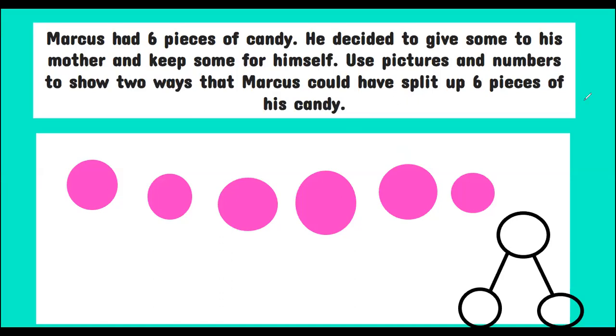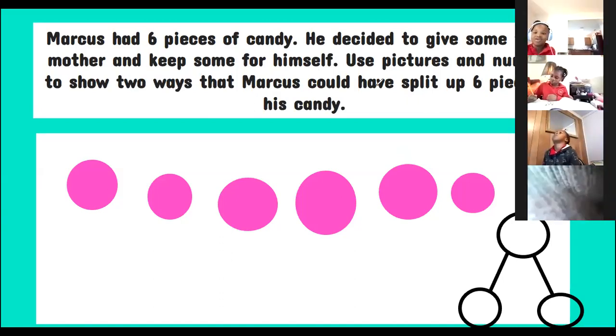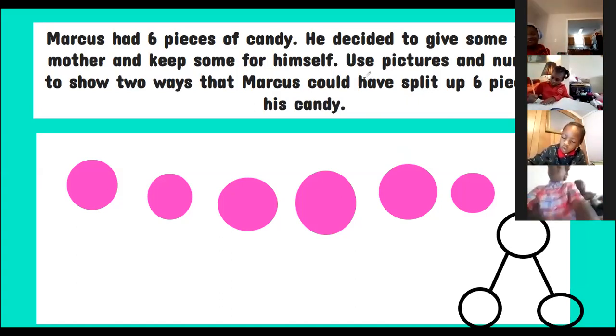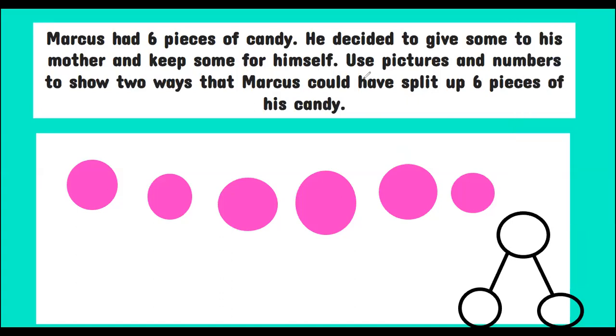So Carter, can you tell me what number is my whole number? 6. 6 is my whole number. You're right. And if I wanted to give some to my mom, well, Marcus gave some to his mom and then he kept some for himself. What would you do, Carter? Tell me how you would work this out. I would split some up, so I would give his mom 3 and leave 3 for Marcus.